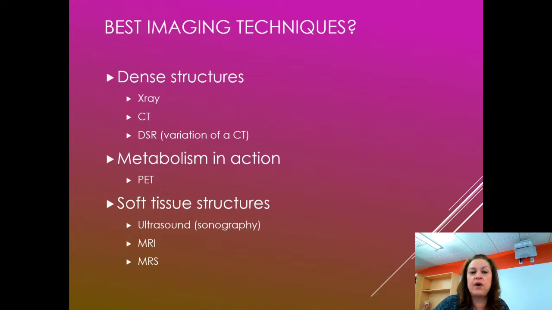People use that for cancer to see if we have active cancer cells in the body, things like that. The image we just saw was for Alzheimer's. And then for soft tissue structures such as internal organs, or if you want to see a baby growing or something like that, ultrasound, MRI, and something called MRS.